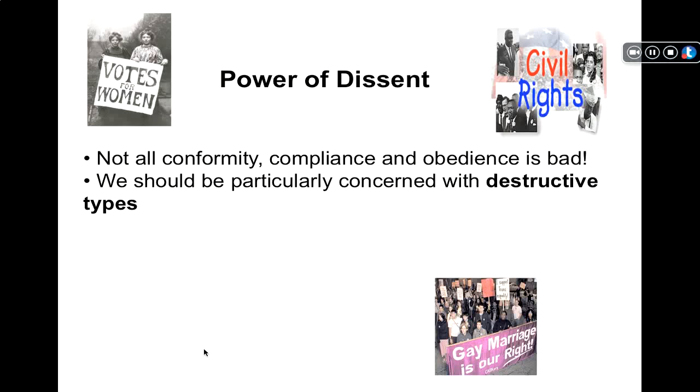Power of dissent. So not all conformity, compliance, and obedience is bad. And that's what I mentioned before. That is, sometimes if we want to rally in support of a cause such as voting for women, civil rights, gay marriage, if you believe that this is an issue, or all of these are issues, social issues that reflect unequal treatment of people because of some aspect of their human person.